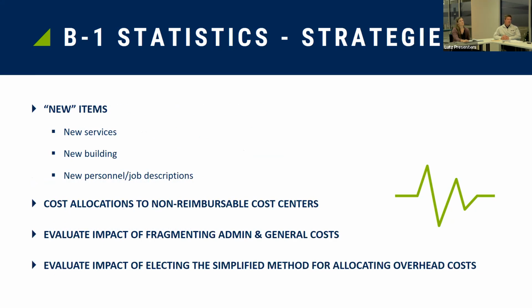New services, new buildings, cost allocations. Do we want to fragment A&G? There are a lot of different scenarios that can go into that. What is the impact of electing simplified method? Again, I went into that before, but this can be part of that fun part of the cost report, figuring out what you're doing from a statistical perspective and what makes sense, what benefits you reimbursement wise.